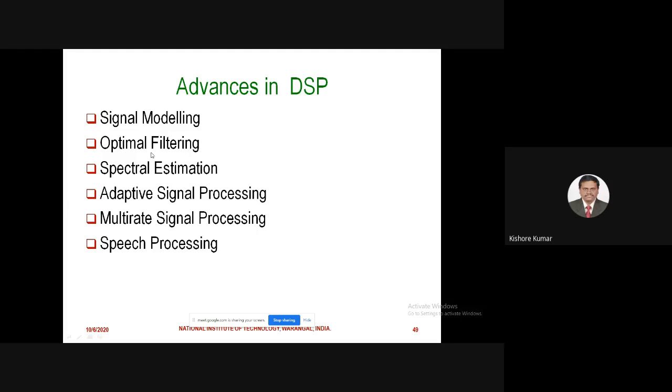There are different types of optimal filters, especially two types: one is the Wiener filter, another one is the Kalman filter. The Wiener filter is an open loop, non-recursive filter, and the Kalman filter is a recursive filter.